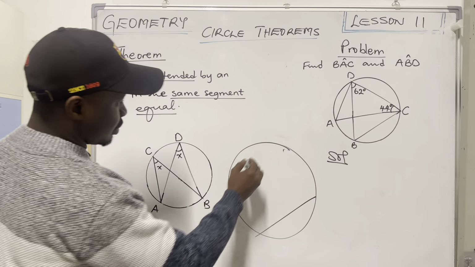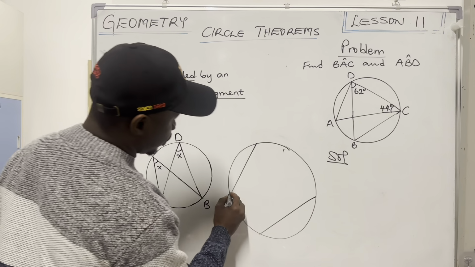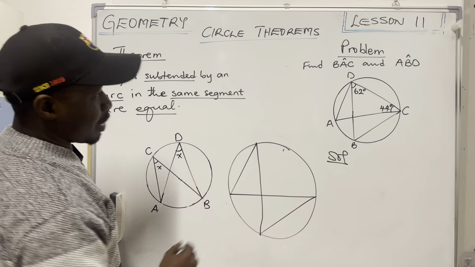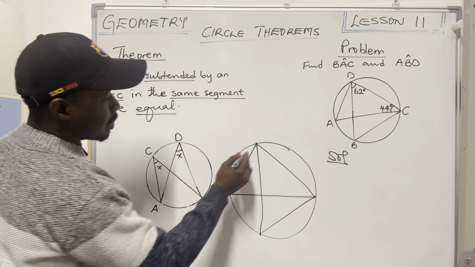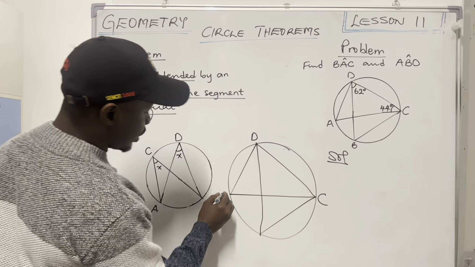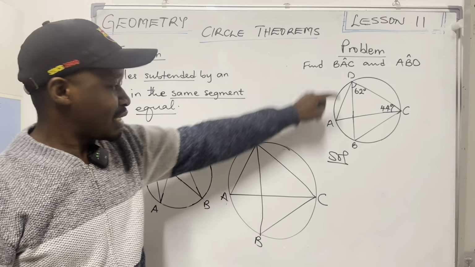We have this one. So this comes to this. Don't mind the straightness. So we have here D, C, A, B. We want to find angle BAC.